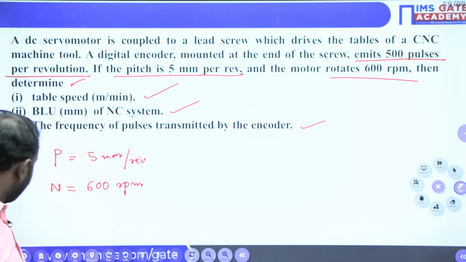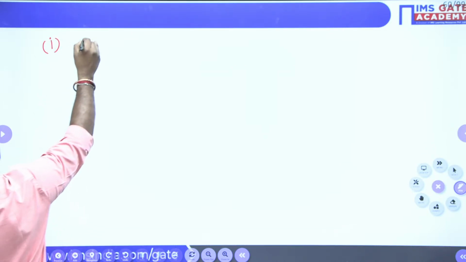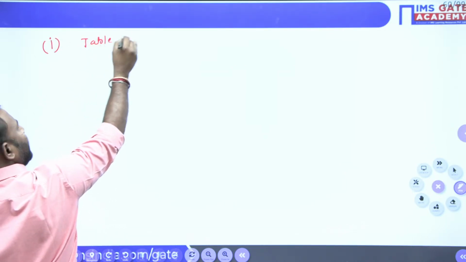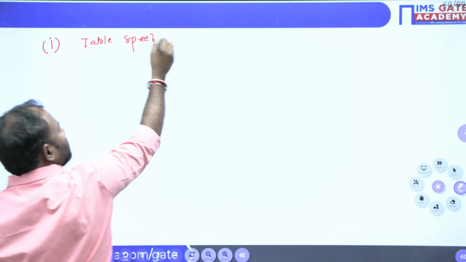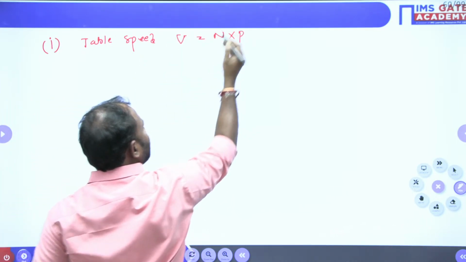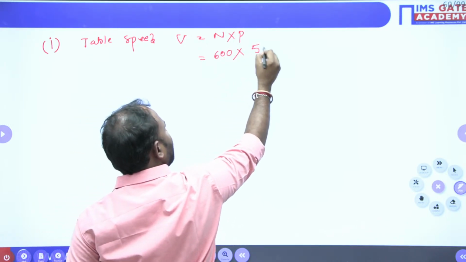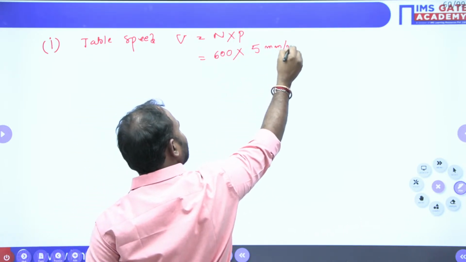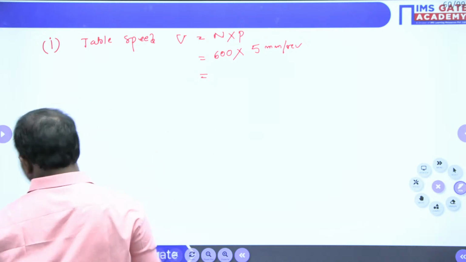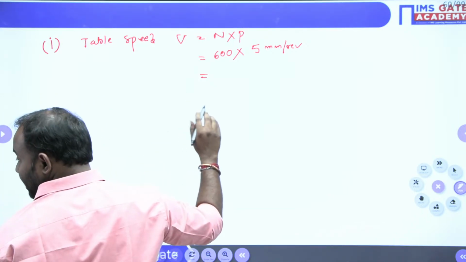Now let us go for the first question, the table speed. V is equal to N into P. Now what is N? 600 into 5 mm per revolution. So V is equal to 3000 mm per minute.